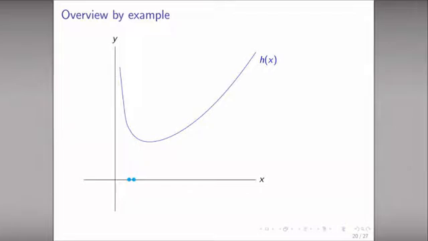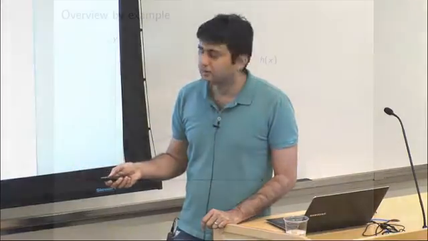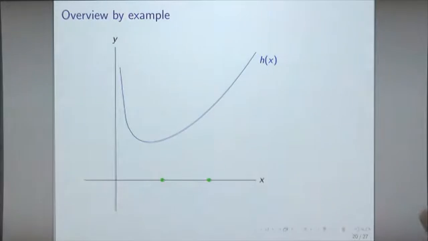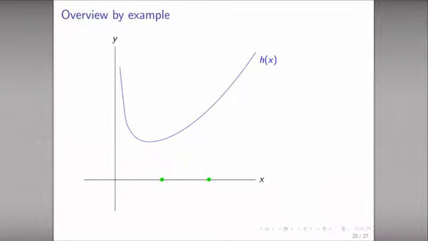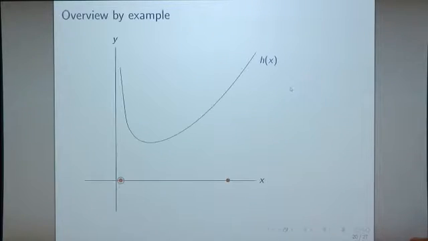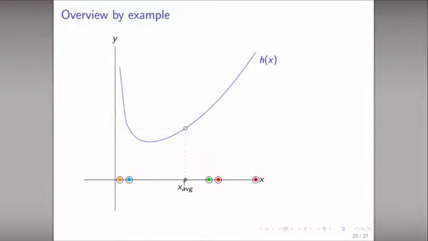Okay, so here's an example. You're given this ahead of time, and in the first time step you get 2 points, you have to pick one, and then next step you get, let's say, 2 more points, you have to pick one, and you repeat. In every time step you get 2 choices, you have to pick one. And these are the points you picked. We're at the end of the algorithm, and we compute the average of these points, and we look at what the function is at this average.